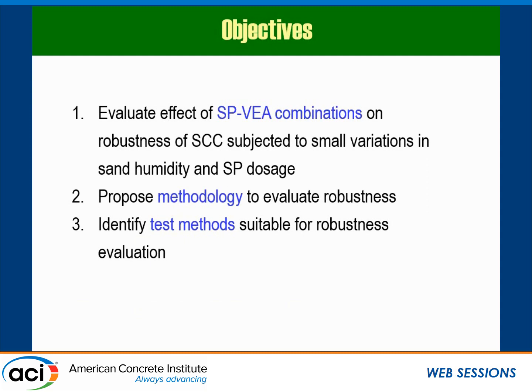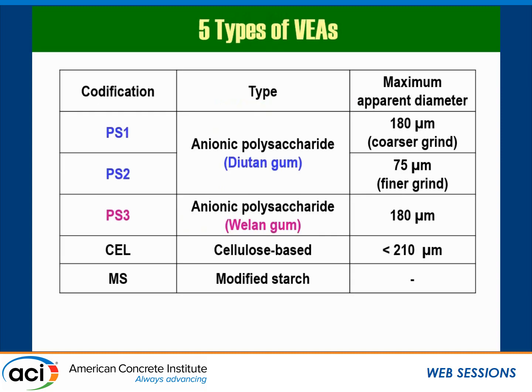So I'd like to talk to you a little bit about the various superplasticizers and viscosity-enhancing admixtures that were used in this study, and look at some of the methodology. Here we're proposing two approaches to evaluate robustness, and look at what test methods are required to qualify or quantify robustness.